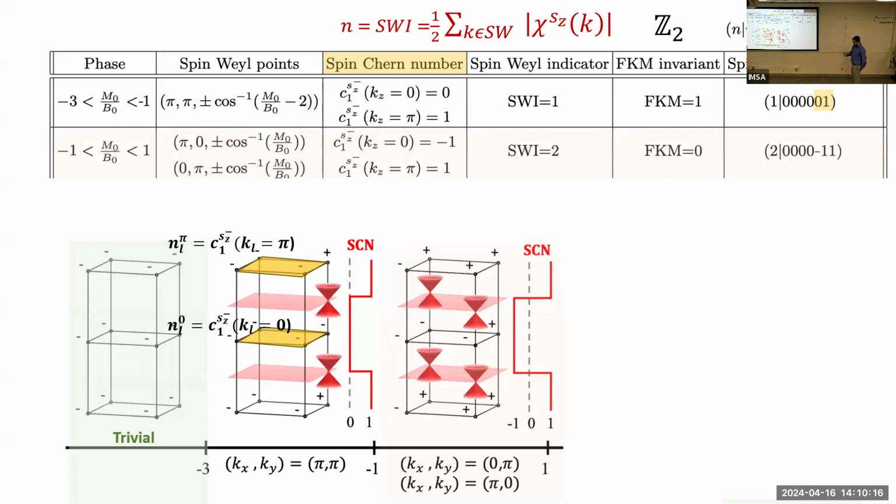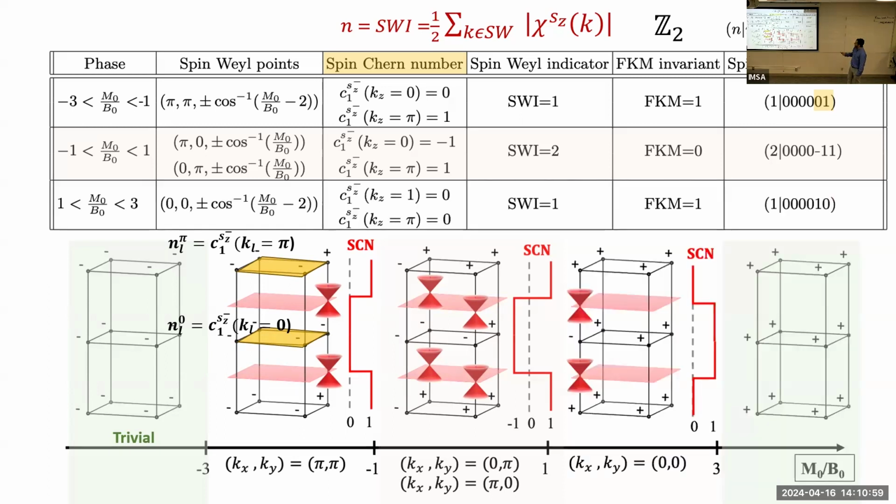In the middle of the spectrum, we have a really interesting result that we are asking about now: we have spin Weyl indicator equal to 2, but we don't have the C2 invariant. It's principally not a topological or strong topological phase, but according to how we have 2, it should be stronger than the strong topological phase. We have 2 spin Weyl points, spin indicator equal to 2, and this is the location of the spin Weyl points in the kx and ky coordinates.